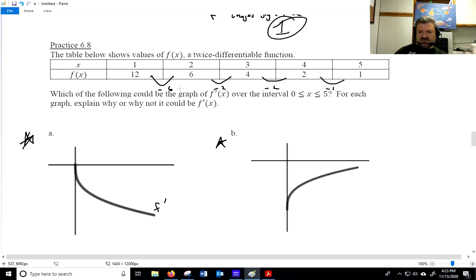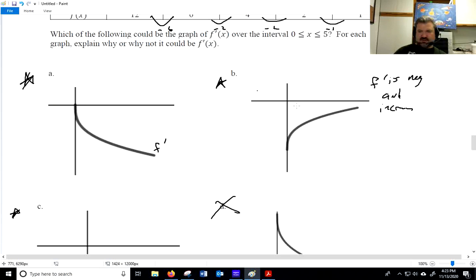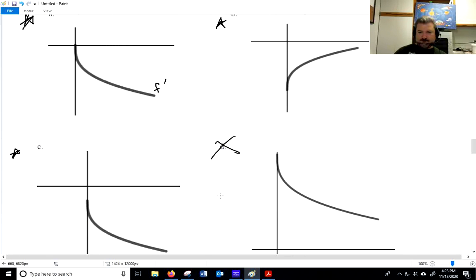So what we're seeing is the rate of change is getting smaller. So we need f prime to be increasing. F prime is negative and increasing. And I think the only one that does that is B. Right, note that this would be a concave up graph.